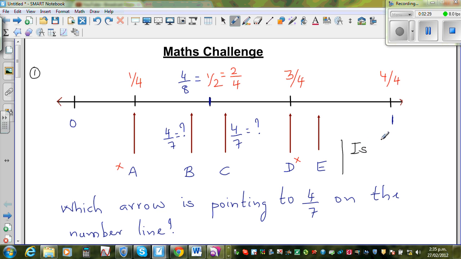So my question is, is 4/7 greater than 4/8? Or the same thing: is 4/7 less than 4/8? Now, before I answer that question, in these two fractions, the numerators, the top numbers, are equal, and the bottom numbers are different.